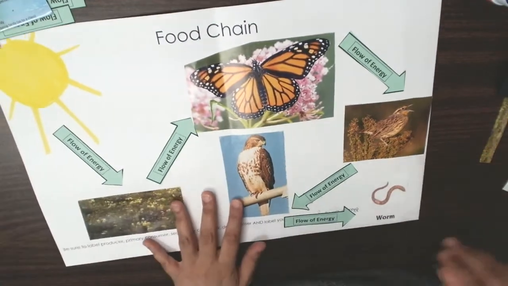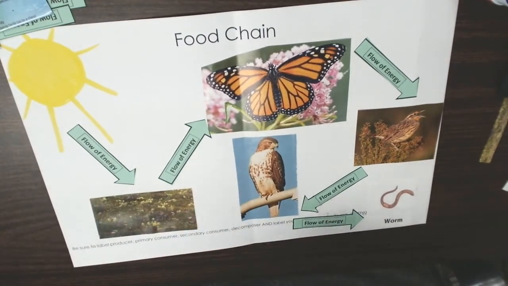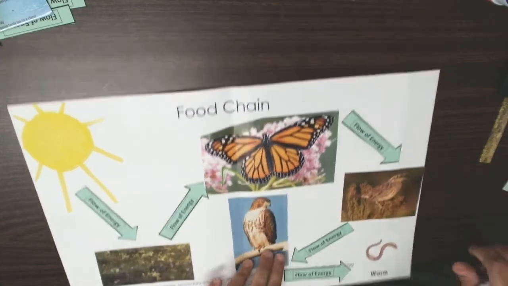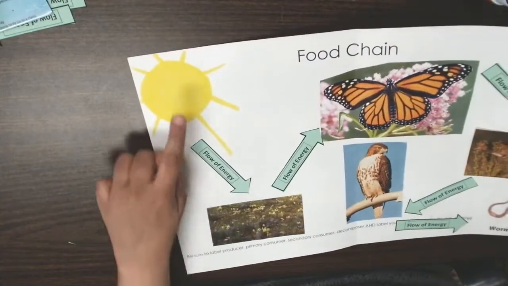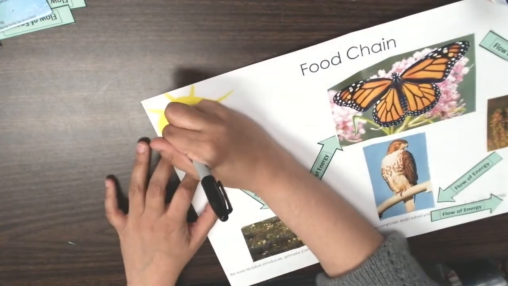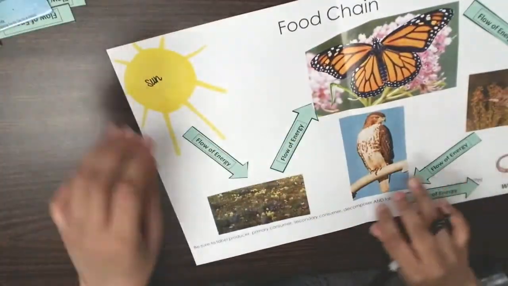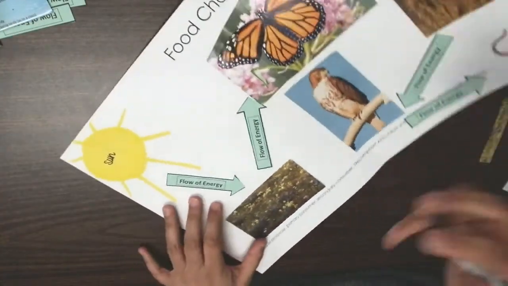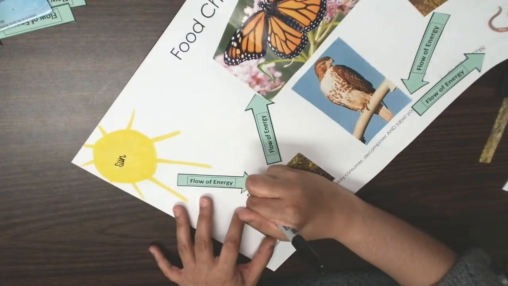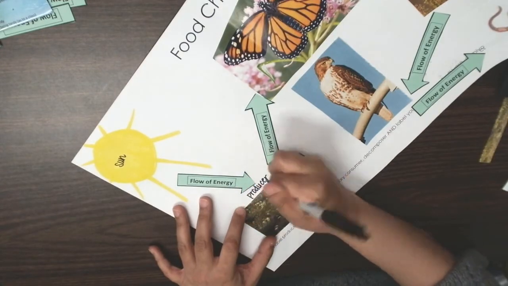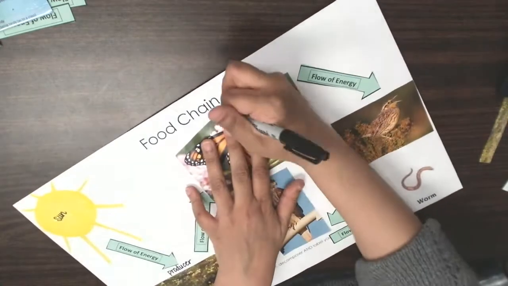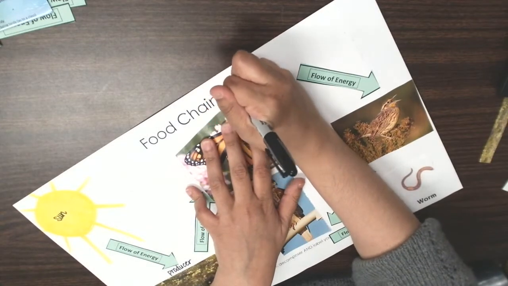Okay, so next thing you're going to do is then you're going to label everything. So this is the sun. Then here is my producer. You have to label. This is my primary consumer.